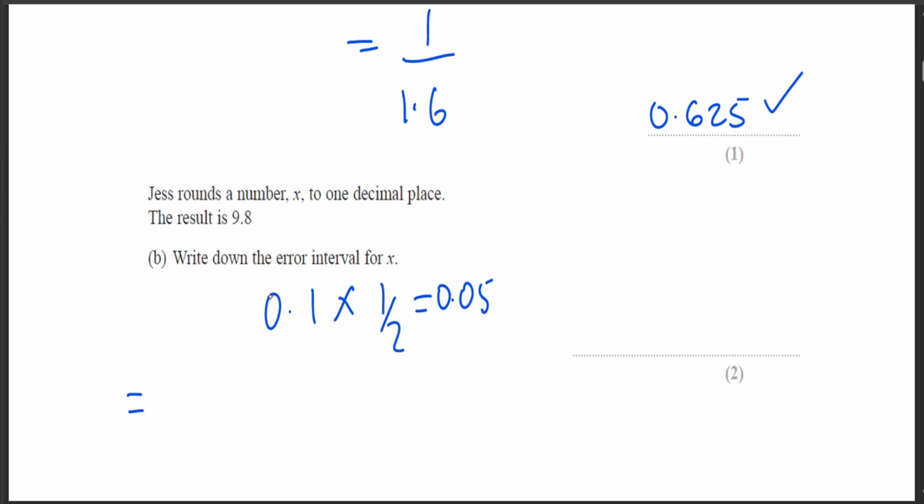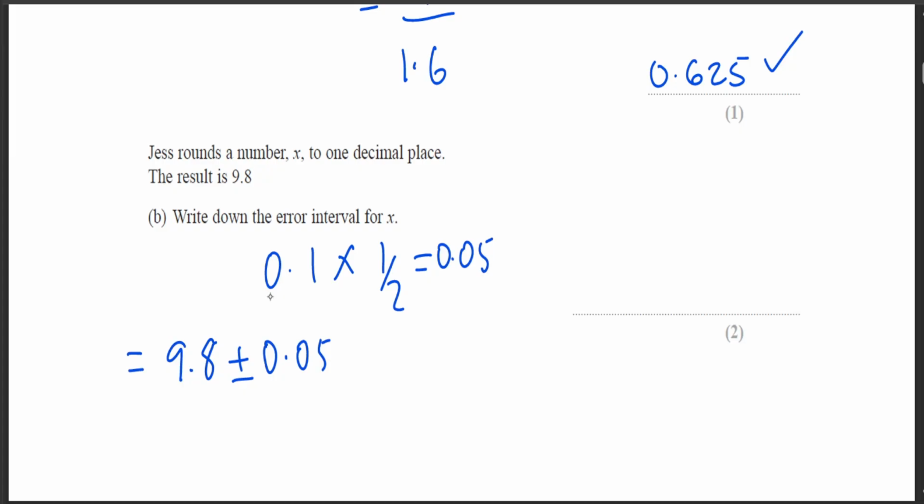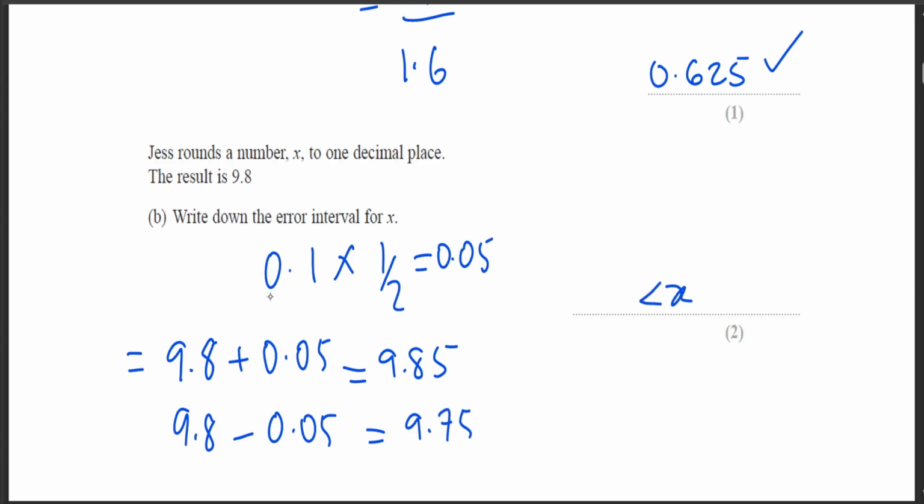So for the answer that you have, 9.8, you do plus or minus 0.05. If you add 0.05, it's going to give you 9.85. If you minus 0.05, it's going to give you 9.75. So in short, x should be greater than or equal to 9.75 but less than 9.85. Yeah, as simple as that.